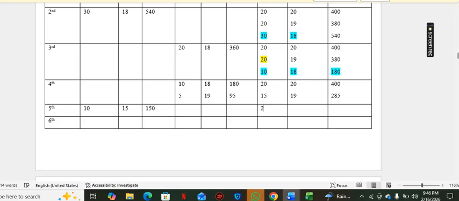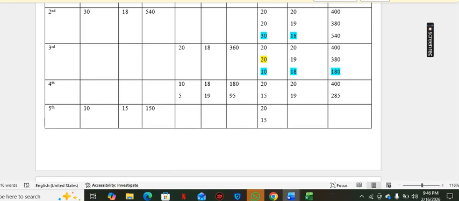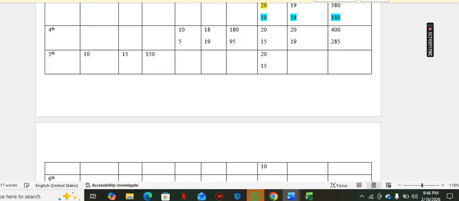As I said, every time there is a purchase, this is where you start separating the inventory. 20 here, 19 there, and 15 here. So we separate it out.